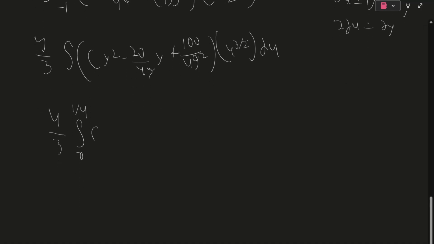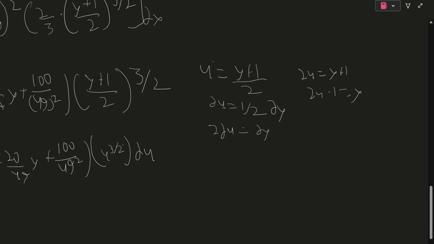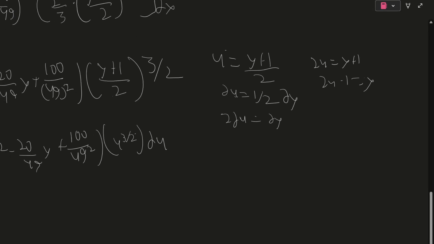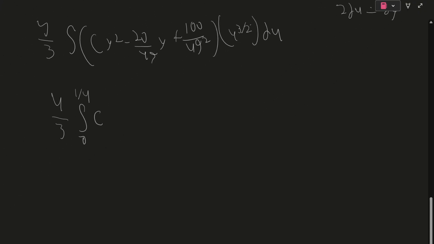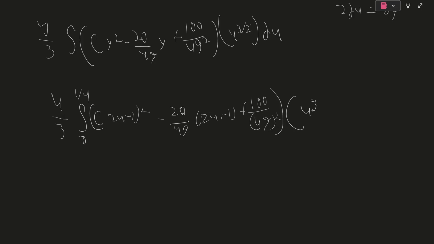And now we can go ahead and do what we were doing just a second ago and plug in all of our y values. So we have 2u minus 1 squared minus 20 over 49 times 2u minus 1 plus 100 over 49 squared, all times u to the 3 halves.